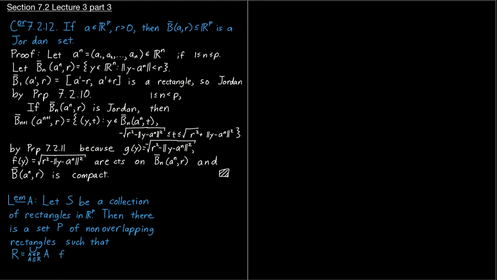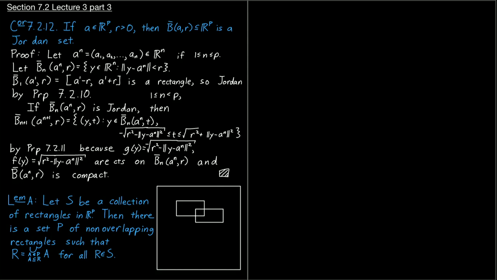And let me draw you, I promised you the picture. So our set S is a set of rectangles that are allowed to overlap with each other. You might even have rectangles inside of other rectangles. It's often going to be useful in the applications for there to be one big rectangle that totally surrounds all the others.